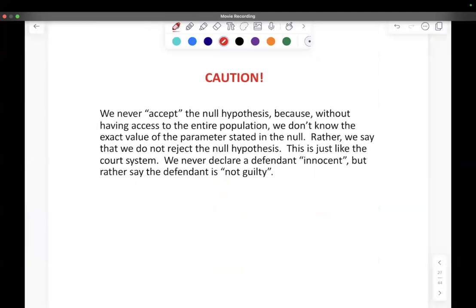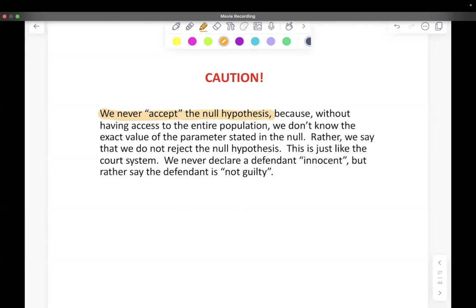All right. This is important. We never accept the null hypothesis. We don't have the entire population. This is kind of like in science when you say things are theories. Even though technically you've proven it's true, you can't 100% say it's true because you can't sample every single thing that's out there and test every single thing that's out there.